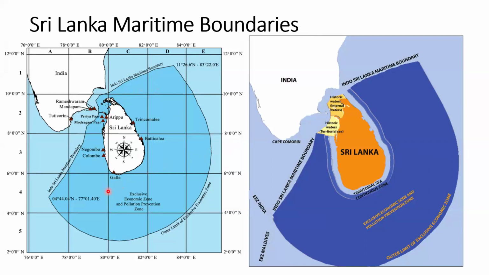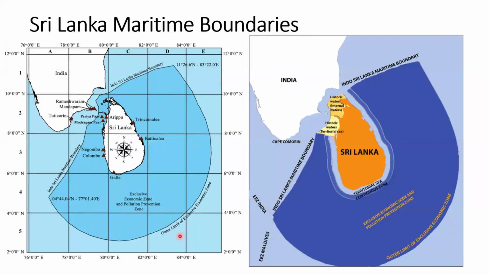Now here you can see, this sea area belongs to the Sri Lankan government. Now we will learn what the advantages or benefits are of having such a vast sea area for a particular country. That we will learn later.